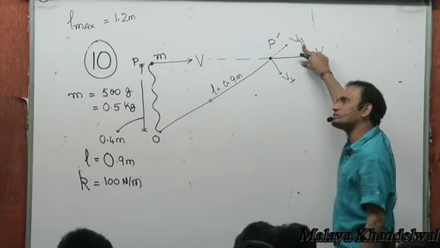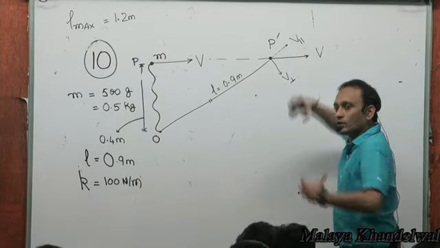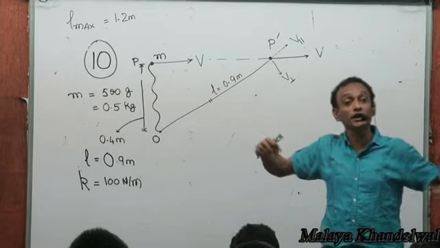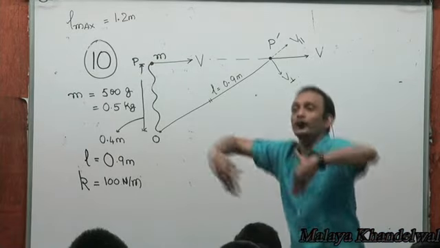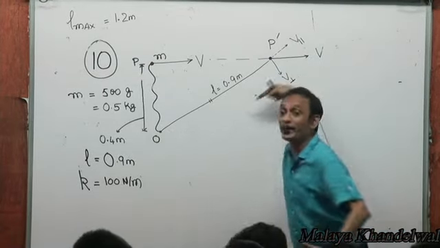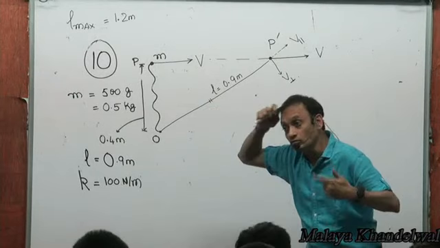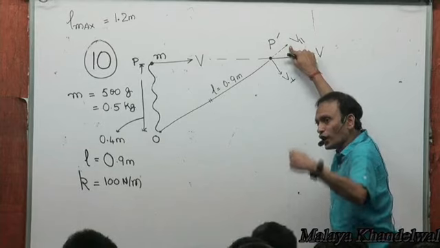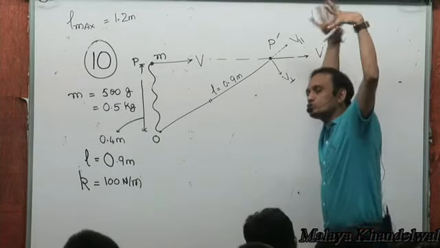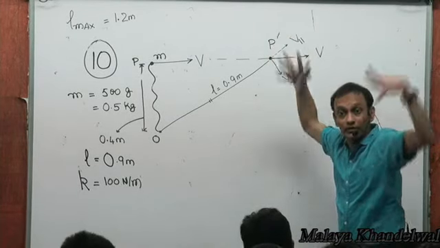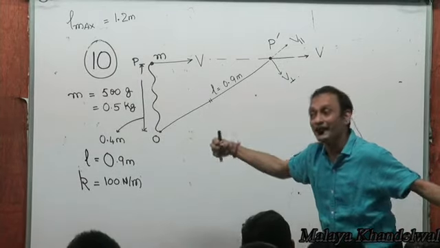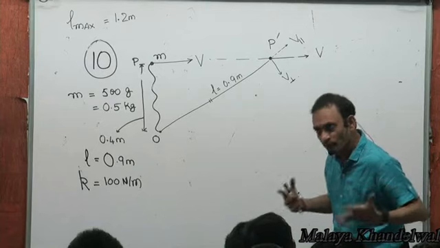But until the time this parallel component gets killed, the rubber cord will keep getting elongated, and there is a build up of more and more spring force directed towards O. Yes or no? So there is retardation in the radial direction. The retardation in the radial direction grows in magnitude because the length grows, so the retarding force, which is k times change in length, will also grow, right?